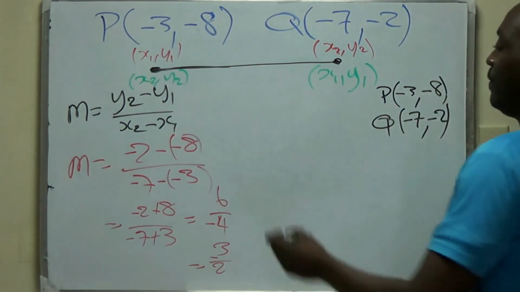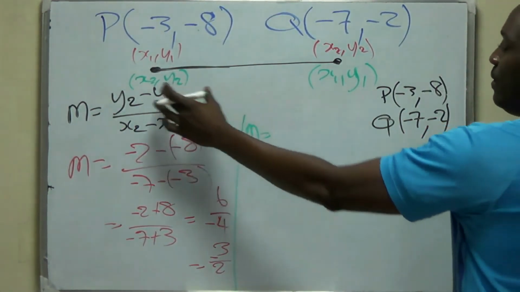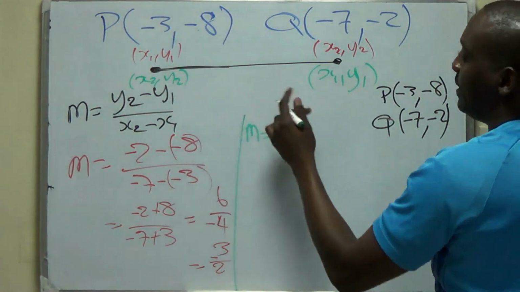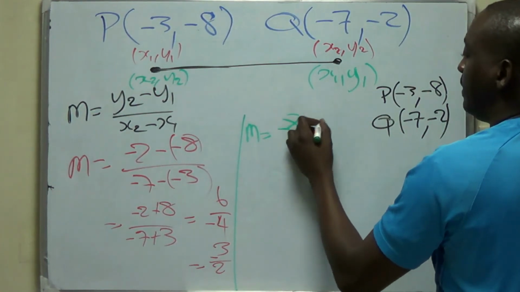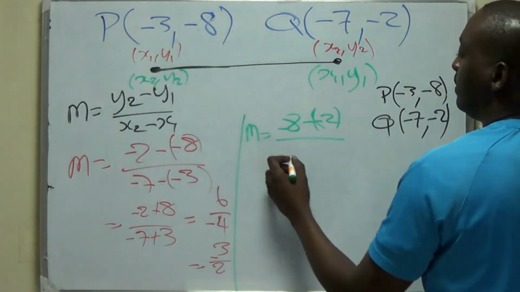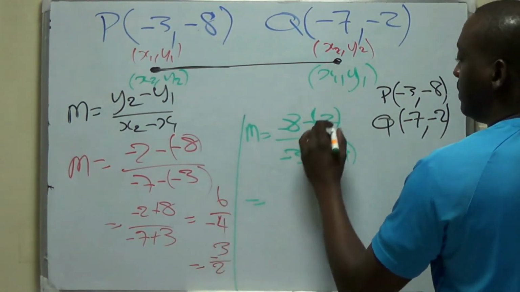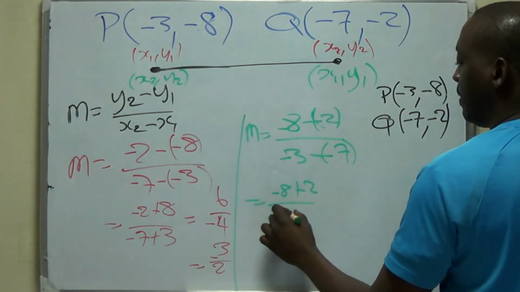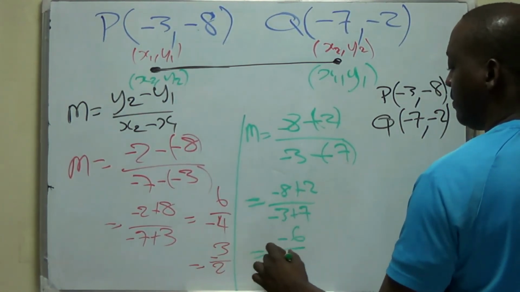So in the green scheme, we now have the same story, m being equal to, in this case now, P is x2, y2 and Q is x1, y1. So you then have (−8 − (−2)) divided by x2 minus x1, (−3 − (−7)), which will be equal to −8 plus 2 divided by −3 plus 7, which should be −6 over 4. −3 plus 7 is 4.